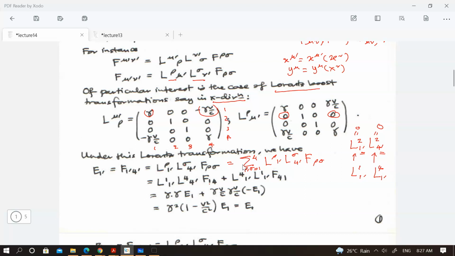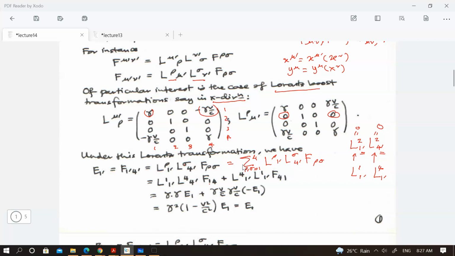Then we do the other one. Remember over here we had 1 dash with 1, so the next thing is to have 1 dash with 4. So L for 1 dash, L11 dash, F41.